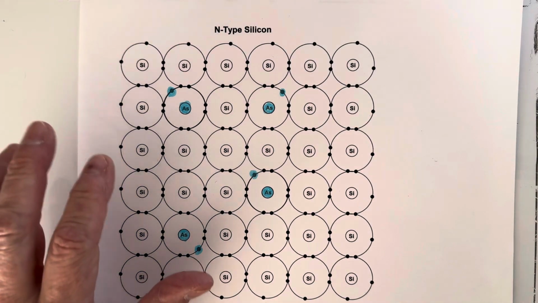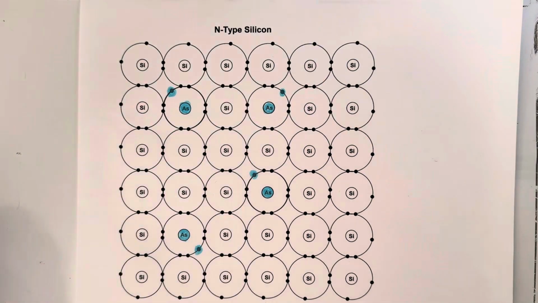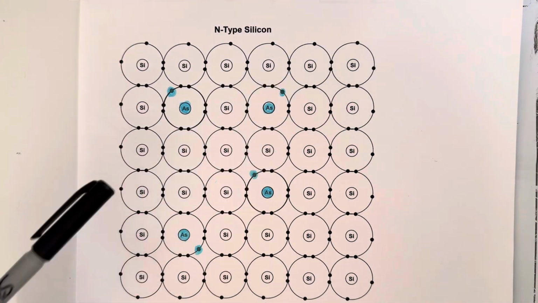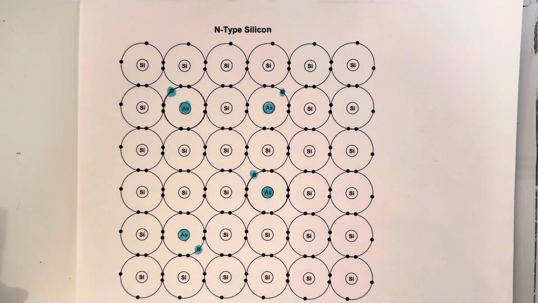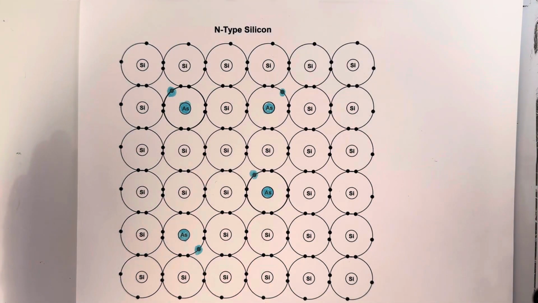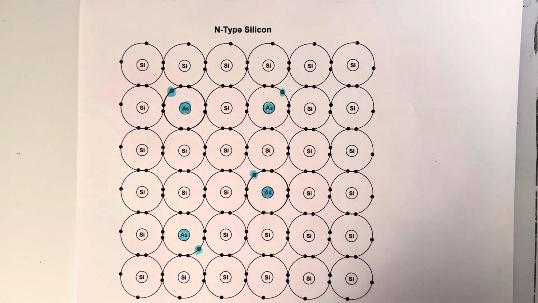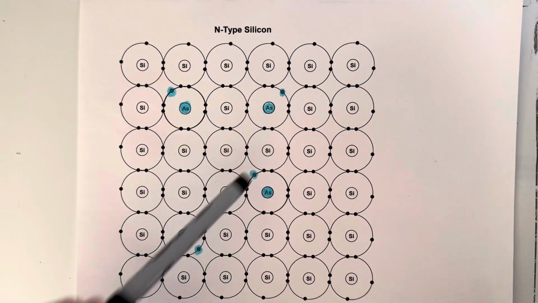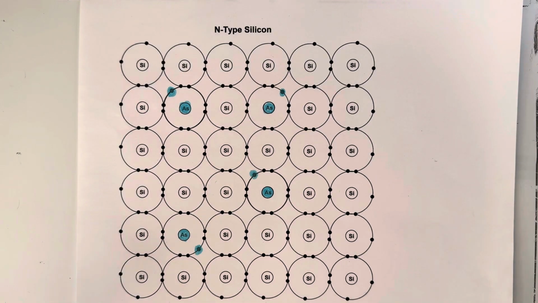All right, now, since we have a relative abundance of these extra electrons donated by the arsenic atoms, they are called majority carriers. Most of the current flow through an N-type silicon crystal will be due to the movement of these extra electrons donated by arsenic. They are the majority charge carriers in that crystal.